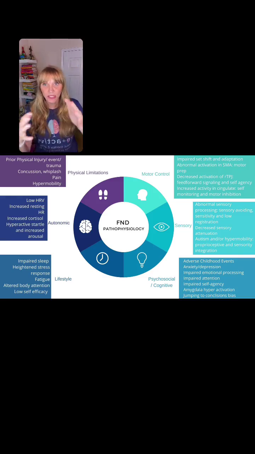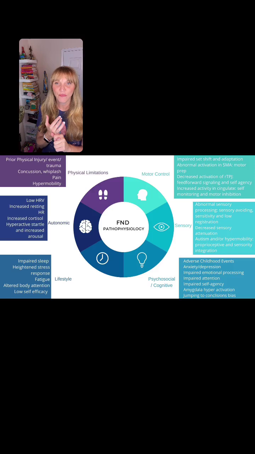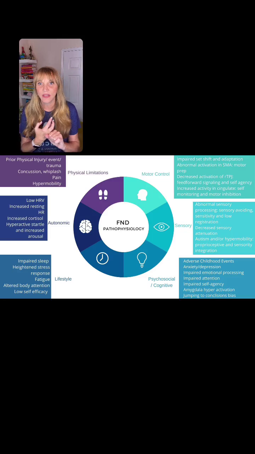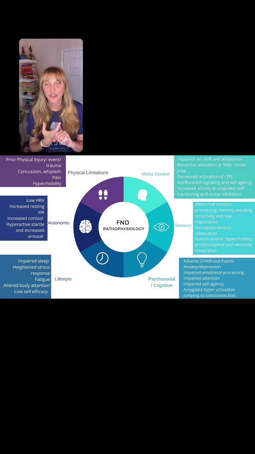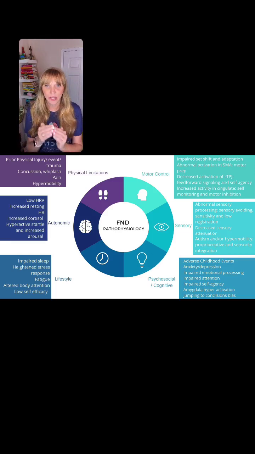And again, this particular pie chart is completely based on the literature. Prior physical injuries before the onset of FND, hypermobility having a higher correlation with FND, having a prior concussion or whiplash event, pain, so common with FND. We cannot ignore the physical impairments.